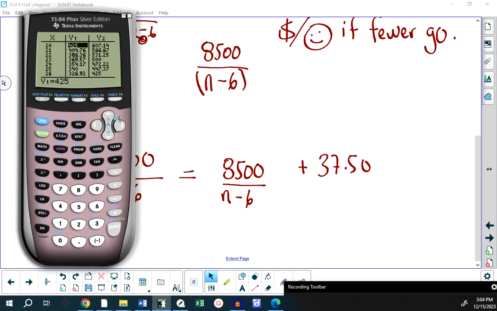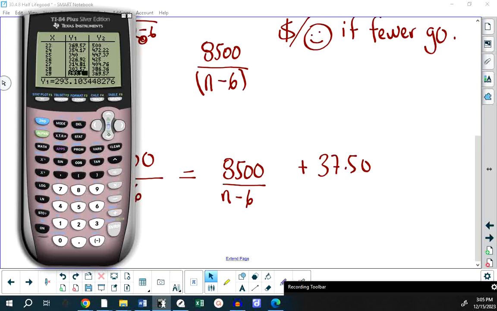It requires a bit of thought, but I'm looking here for numbers that are $37.50 apart. And when I look at these two numbers at 20, they are over $200 apart, almost $200 apart. And when I look here, they're closer together, aren't they?